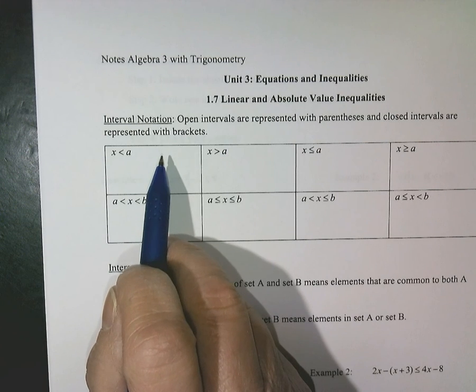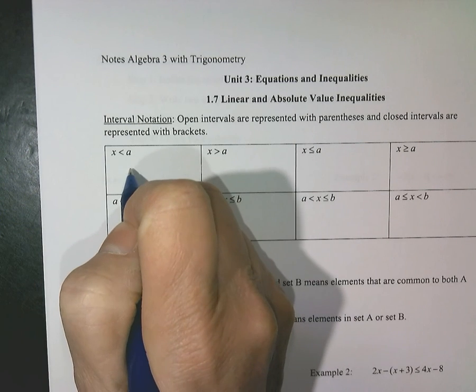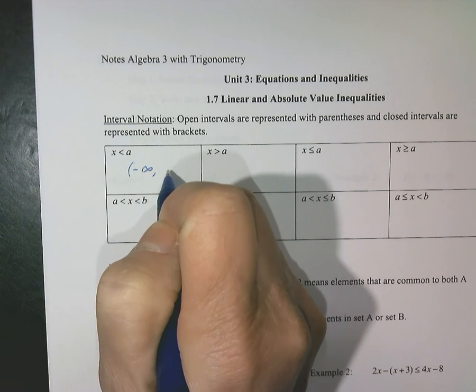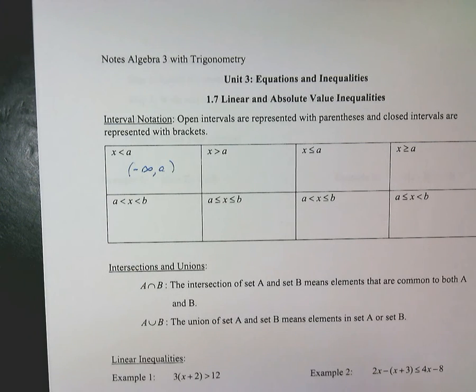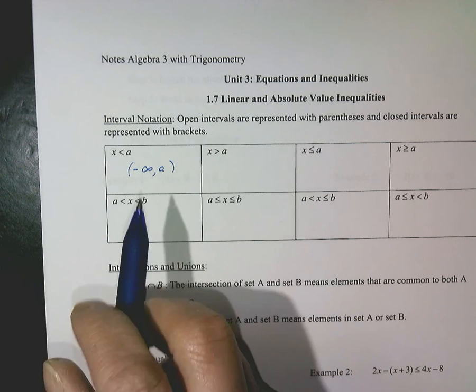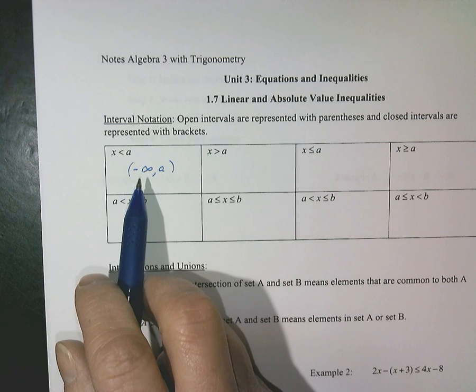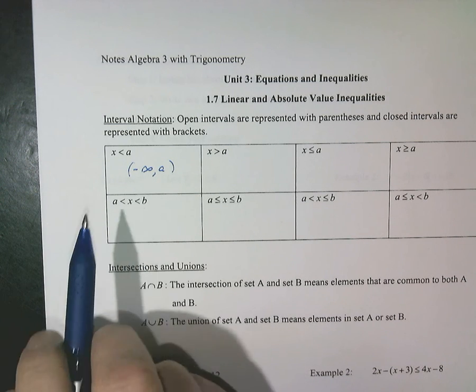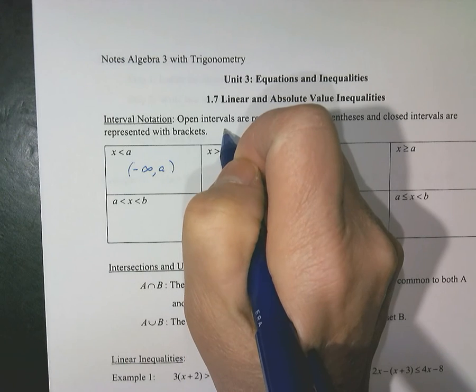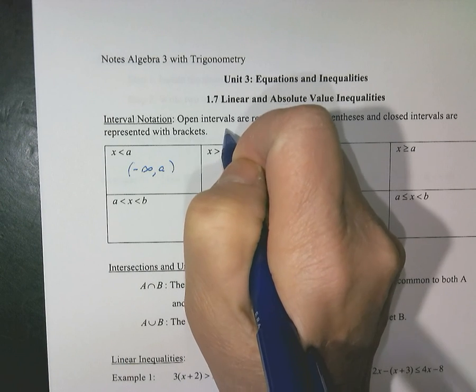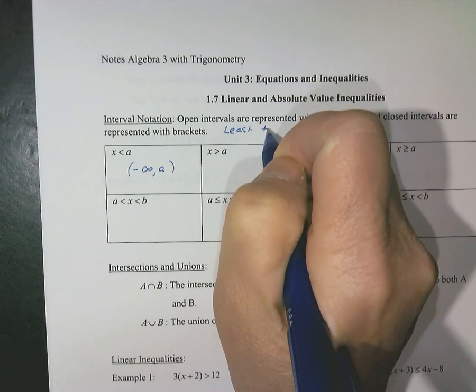It's a closed interval. So x less than a means I would go from negative infinity to a, but it does not include a. And it never includes infinity. And the one thing you have to make sure when you use interval notation is that you write the values least to greatest.